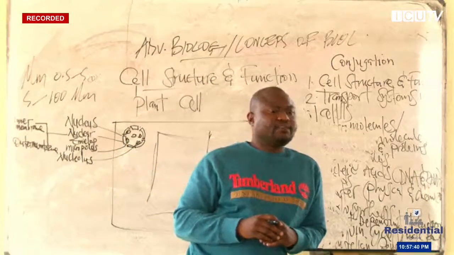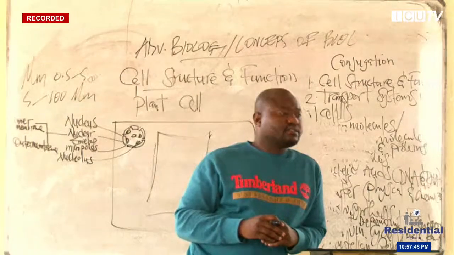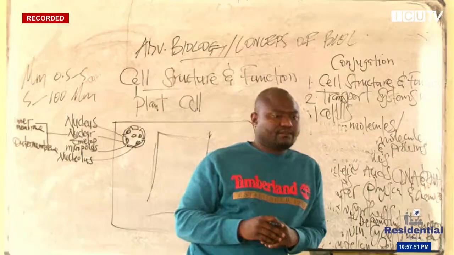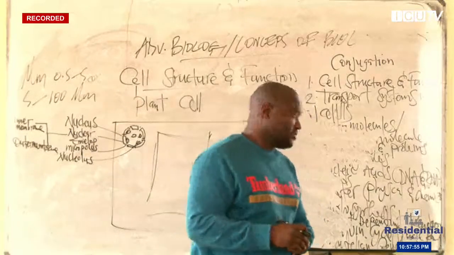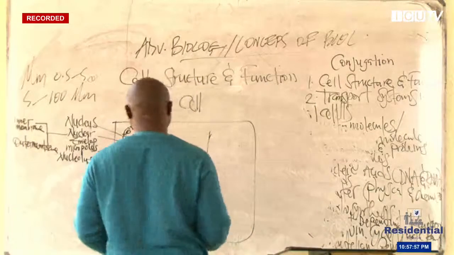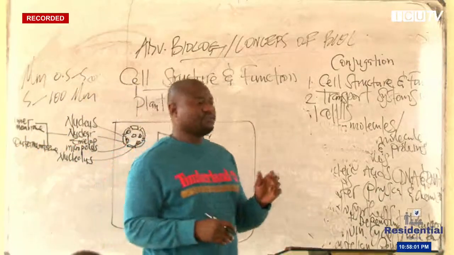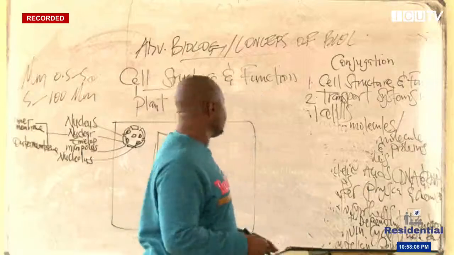What is the function of the nucleolus? Exactly. This is the place where ribosomes are formed. And actually the ribosomes also diffuse through the pores and go to the rough endoplasmic reticulum.